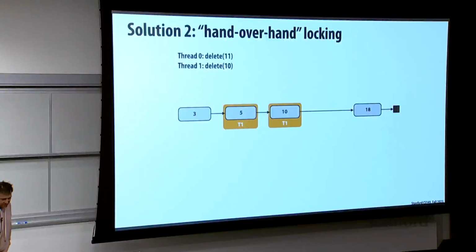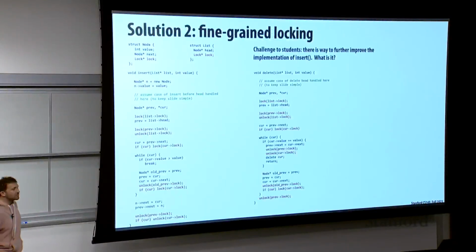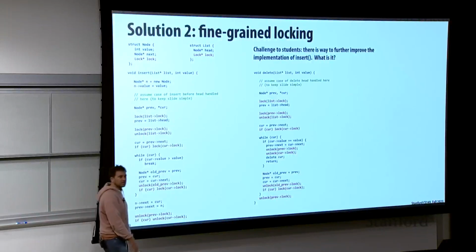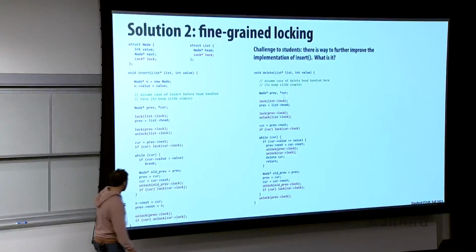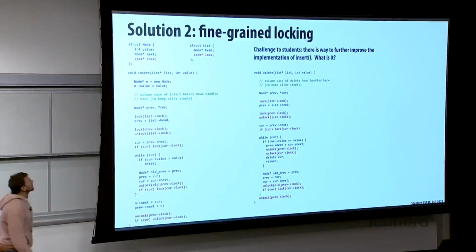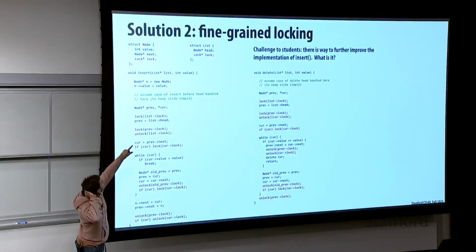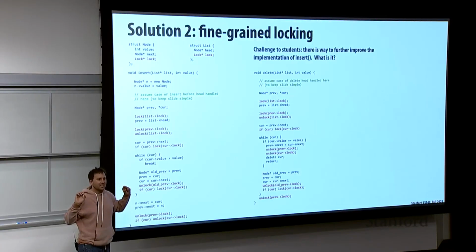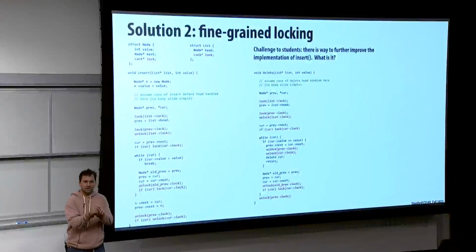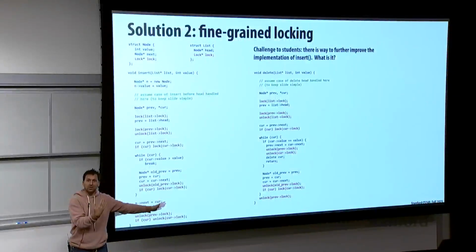Okay. All right. So here's the hand-over-hand locking solution for this program. There are actually a few tricky invariants in it. There's a lock on the list as well as a lock on the node. The point is, remember our invariant: I need the lock on current and I need the lock on previous.